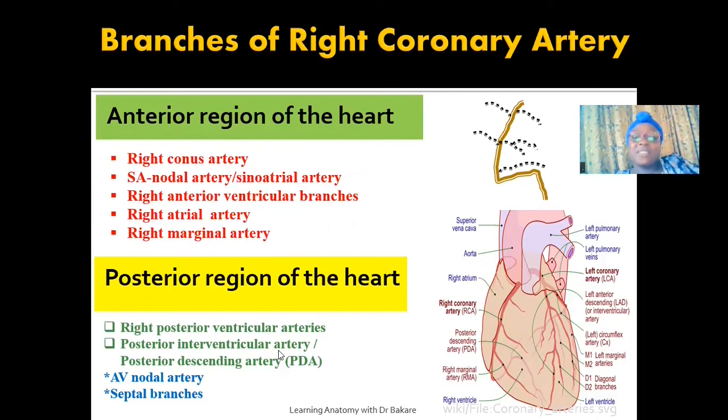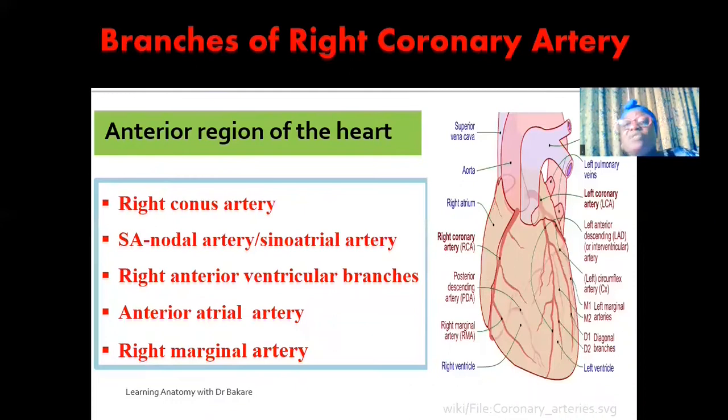The posterior interventricular artery or the posterior descending artery will then further give off the AV nodal artery and also the septal branches. So those are the branches that emerge from the posterior region of the heart, and these are taken as the posterior branches of the right coronary artery.